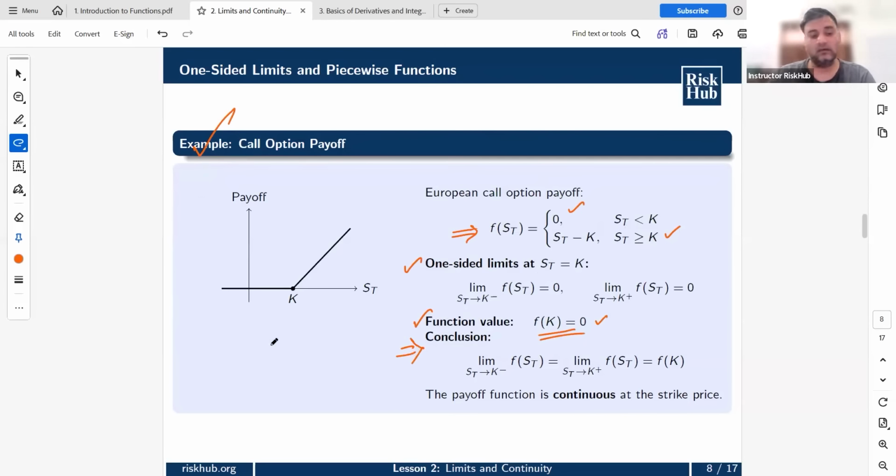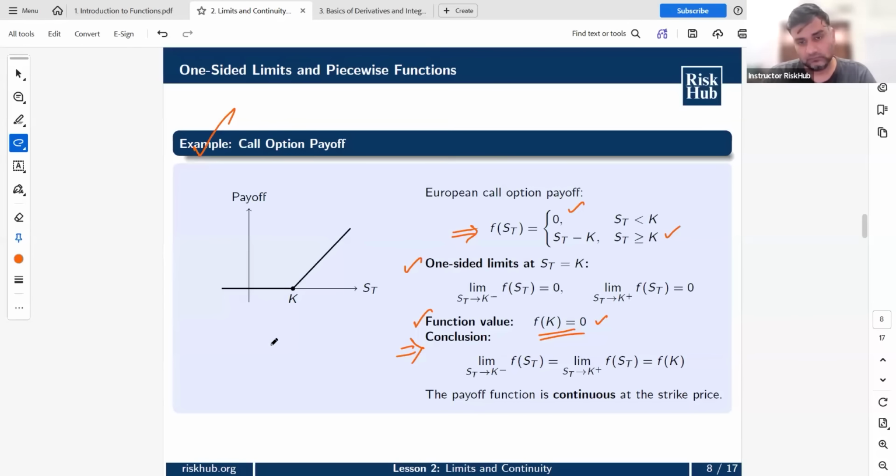And then what is happening here? We are looking at behavior near your strike price. Let S_T tend to K. From the left side, S_T tends to K minus, f(S_T) is 0. When S_T tends to K plus, f(S_T) is 0.